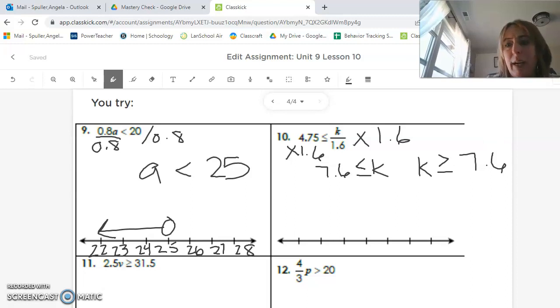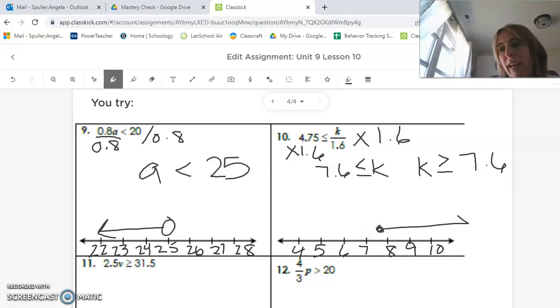It makes it easier to plot it. So here I'm going to say 7, 8, 9, 10. Remember, I like whole numbers. So it's going to be past the 7, but not quite to the 8. It's going to be a closed circle, and it's going to be greater.